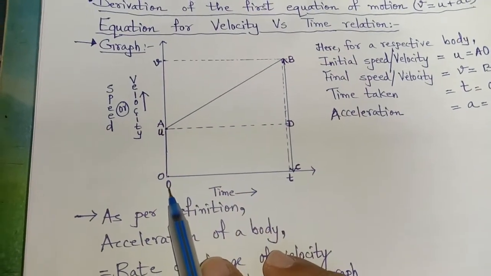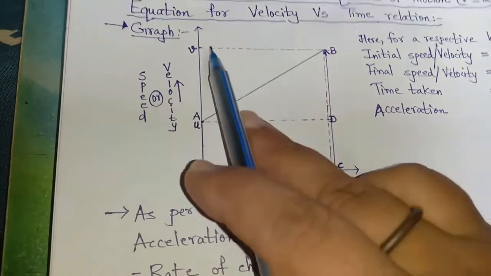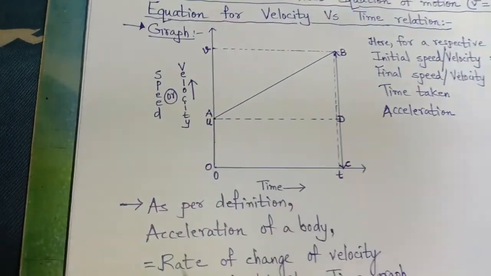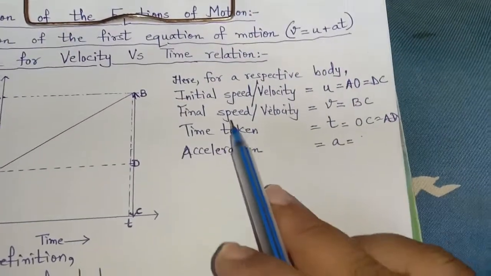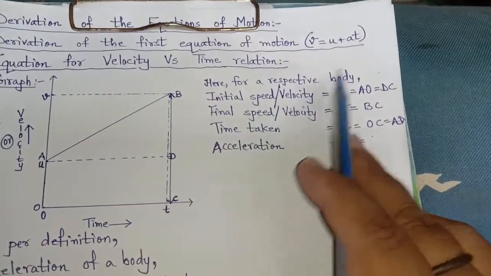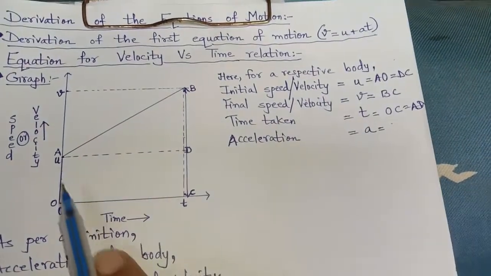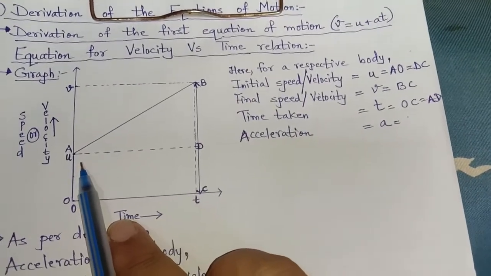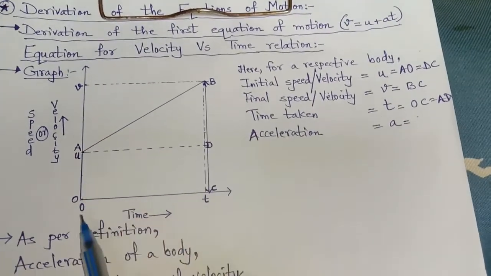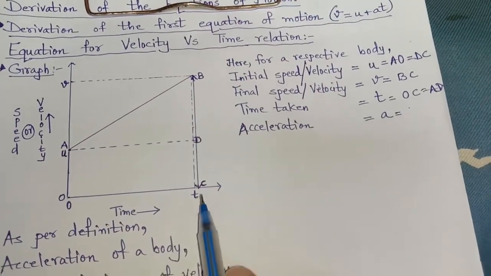This point is 0 at rest, initial velocity u, final velocity v, final time t. So we can read the graph as: for the respective body, initial velocity is u, which can be considered as the graphical line AO, which is parallel to DC.